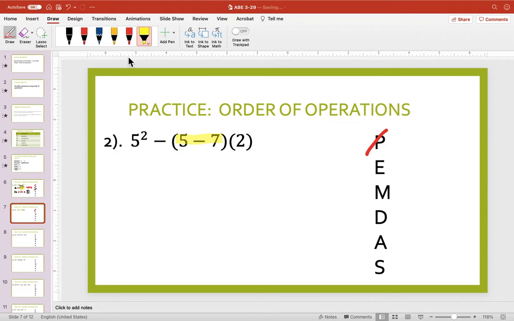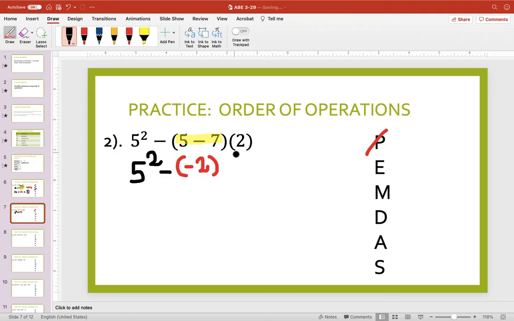In this case, I can simplify what 5 minus 7 is. 5 minus 7 is a negative 2. So I'm going to simplify that by writing down a negative 2. Usually I bring down everything from the expression that I did not touch. So notice 5 squared, I didn't do anything with that.